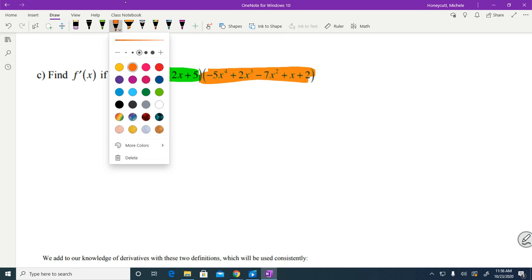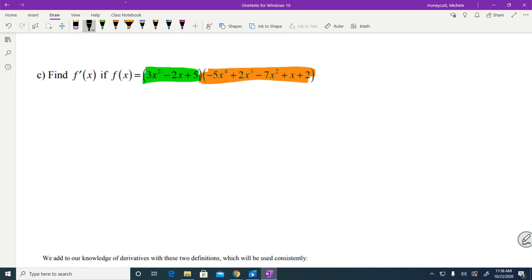So that means I need to change this pen to an orange when I work it out. Okay. So now let's try, here's F. I'm going to find F prime. The product rule is to copy down the first, so 3x squared minus 2x plus 5, the first product, times the derivative of the second, so times the derivative of 2x to the third minus 14x plus 2.